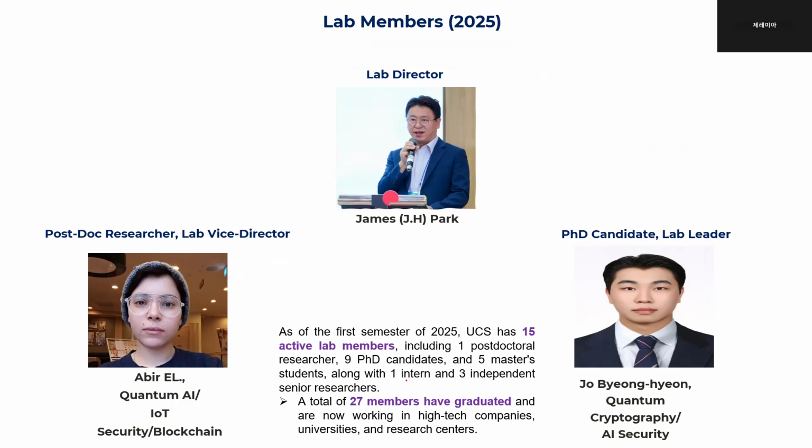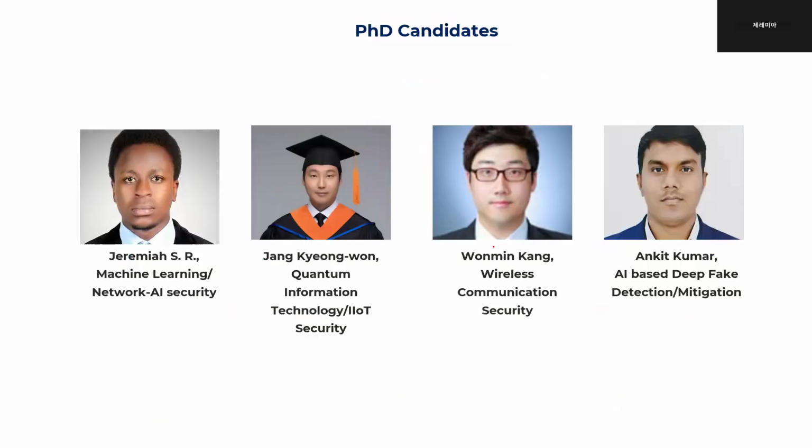As of this date, about 27 members have graduated from the UCS Lab under the supervision of Professor Park. Here are some other PhD members, including Jeremiah, Kyungwon, Ankit, and Kang, and their areas of interest are as shown here.